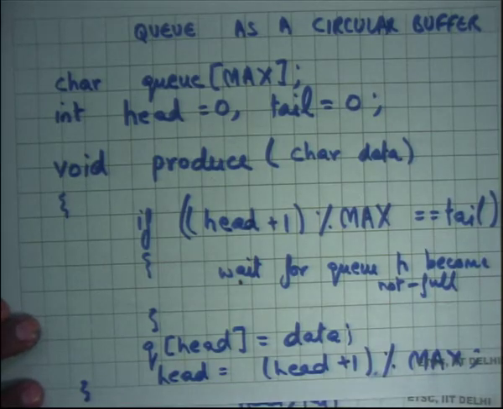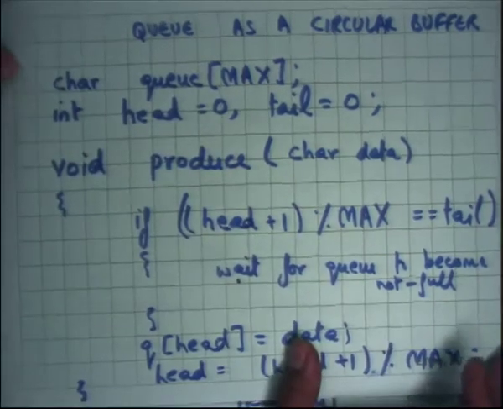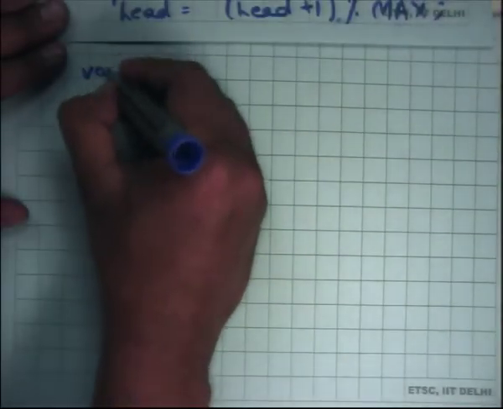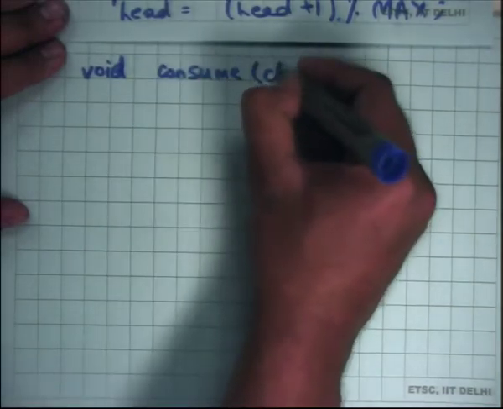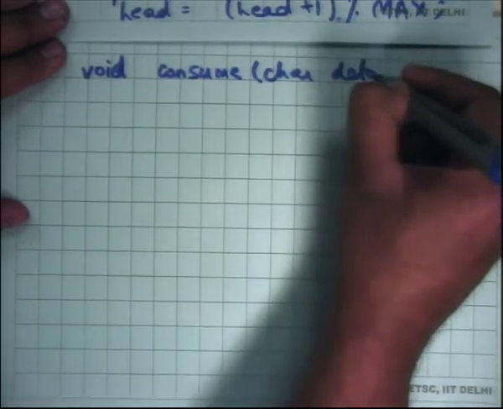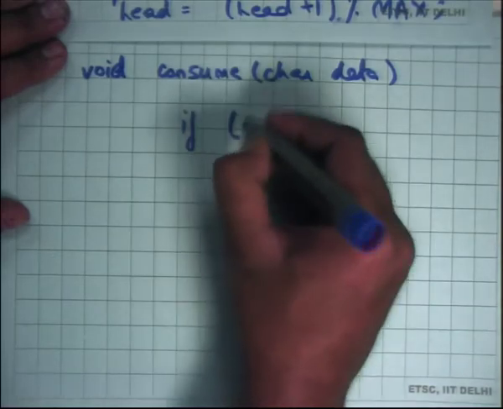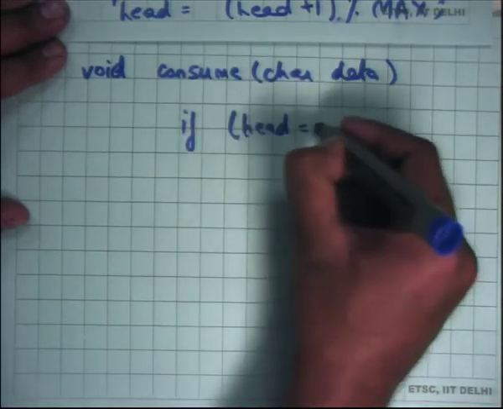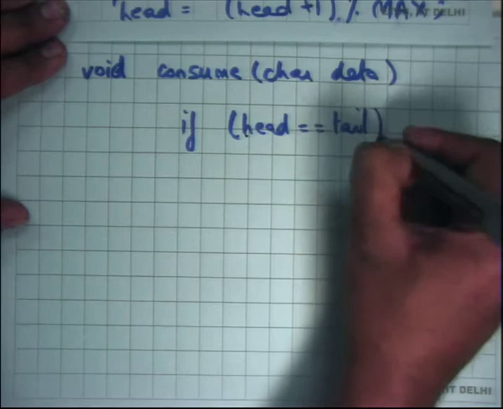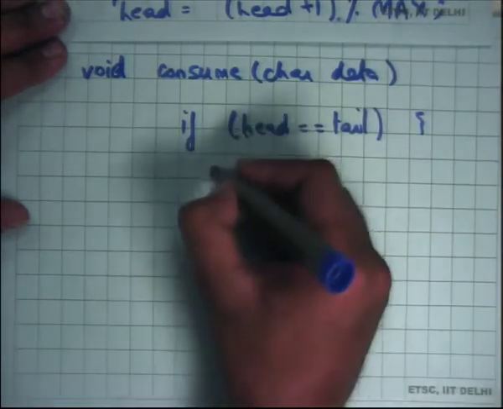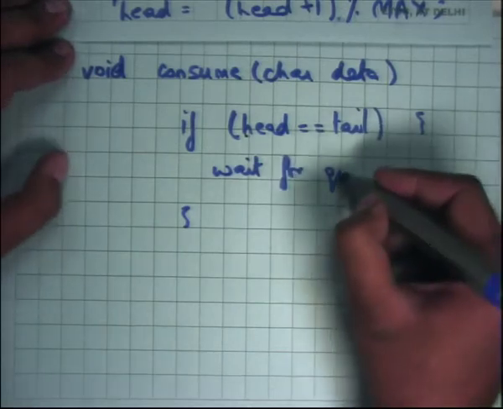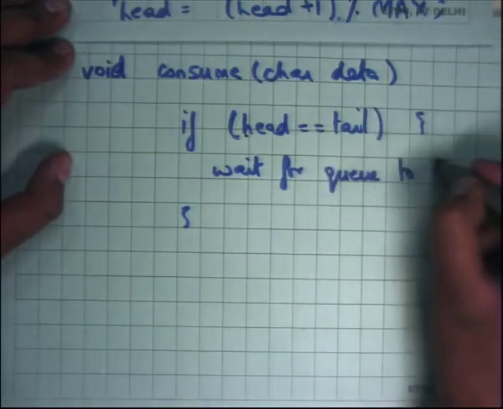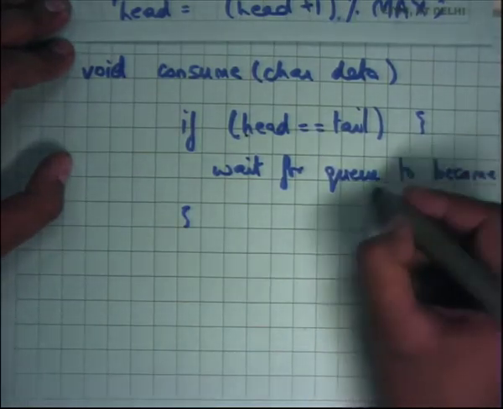Similarly, in the consume, I could have a similar thing here. If head is equal to tail, then wait for Q to become non-empty.